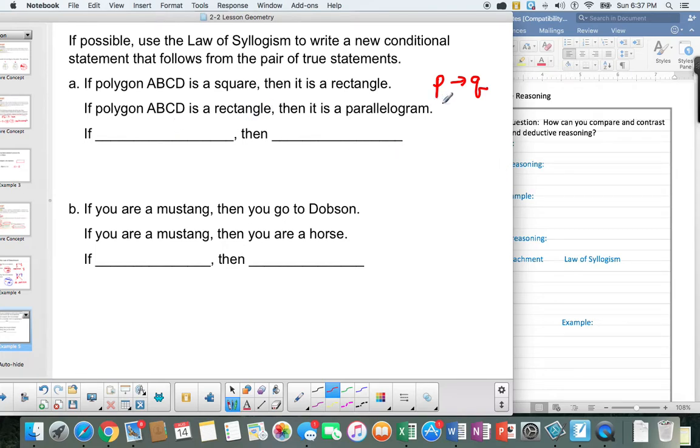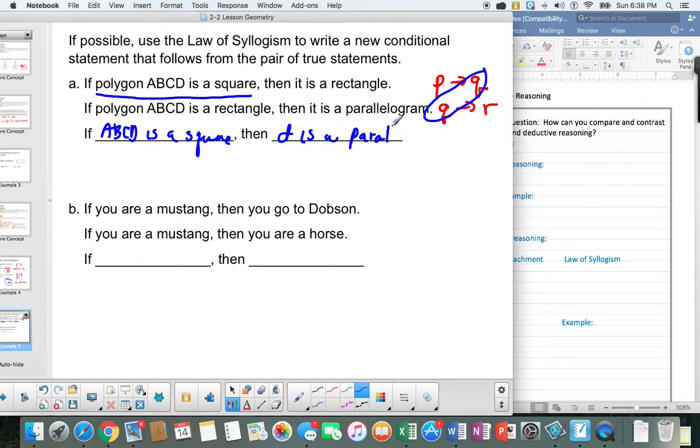And this right here talks about rectangle, so that's a Q, and it implies another word, parallelogram, so we'll say R. Now, when you see that chain of reasoning, that connection right here, where the end and the beginning are the same, then we can say this beginning part, ABCD, is a square, and with this chain of reasoning, we can conclude it is a parallelogram. So this is how the law of syllogism works.